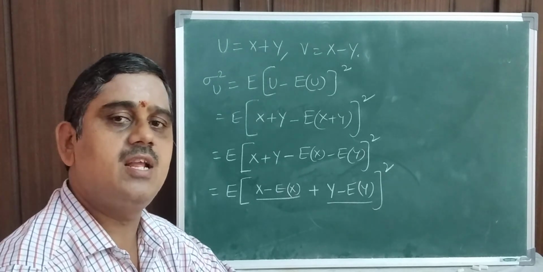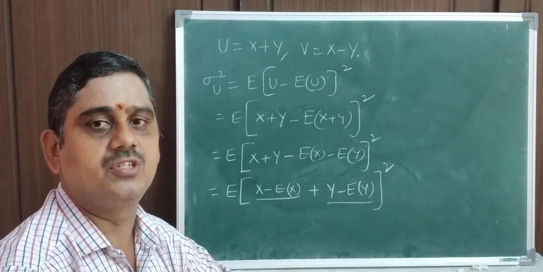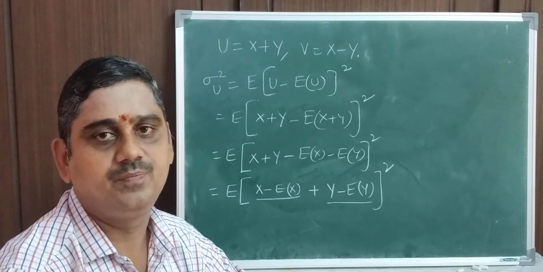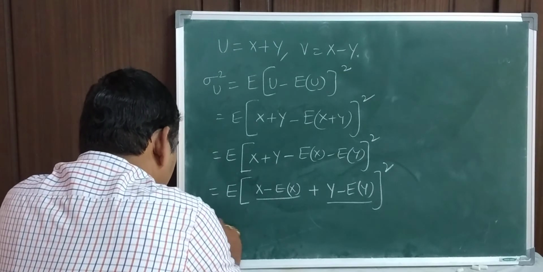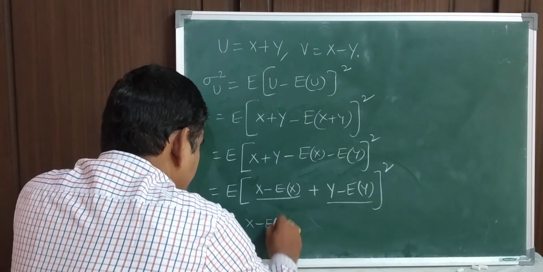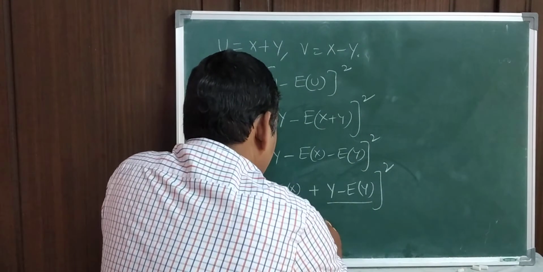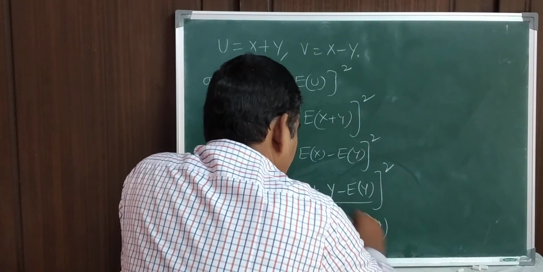What do you get? It is equal to expectation of x minus expectation of x the whole square, first one. Second one, plus expectation of y minus expectation of y the whole square.